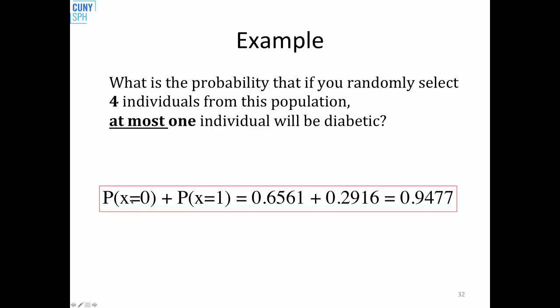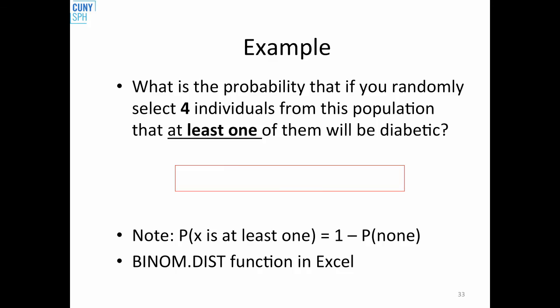You can do this just by adding up these calculated probabilities for x equals 0 and x equals 1, the union of these two possibilities of there being 0 diabetes cases or 1, and that turns out to be 0.9477, almost 95%. So you see how these rules of probability that we covered are starting to come in handy.